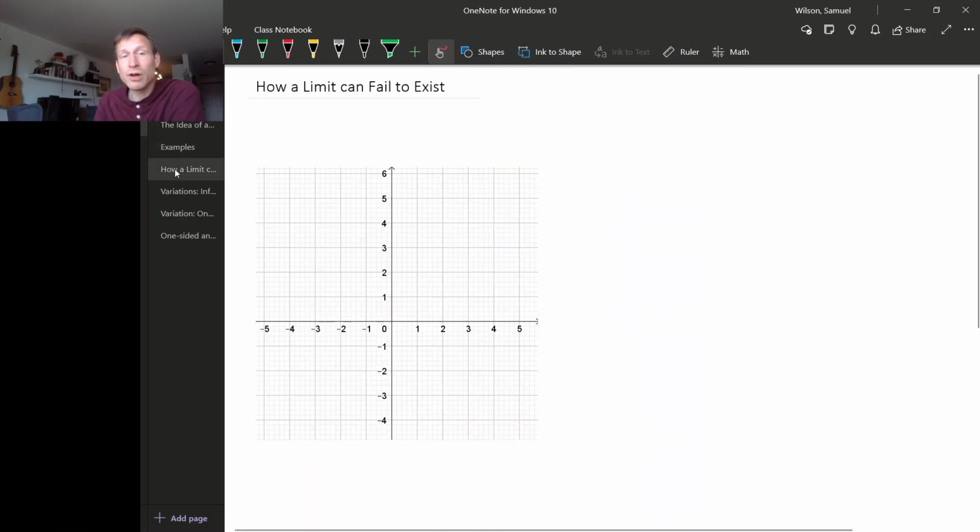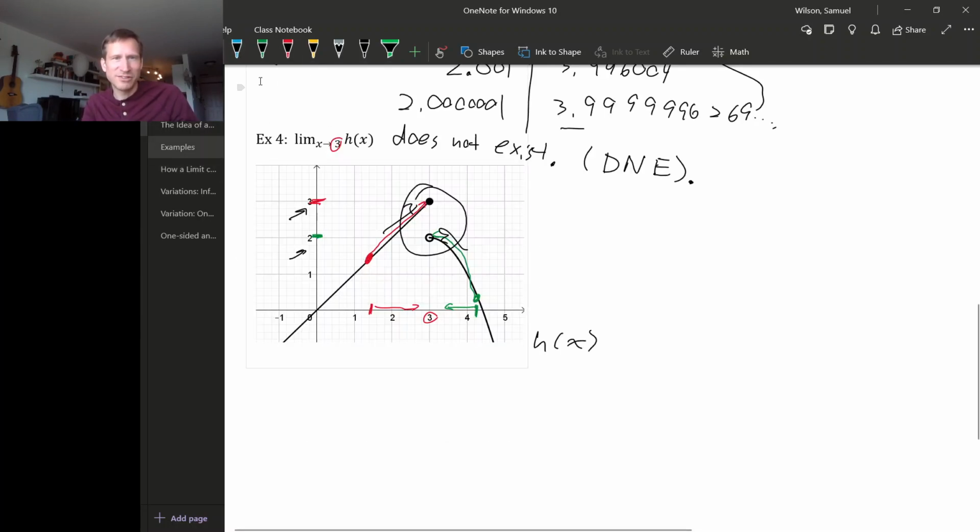There are actually a few other ways that a limit can fail to exist. So our previous example of how a limit failed to exist, this is called a jump. I guess I'll just call it a jump for now. Because, right, there's this gap here. There's this jump where the function is heading towards one value and then it jumps to another value.